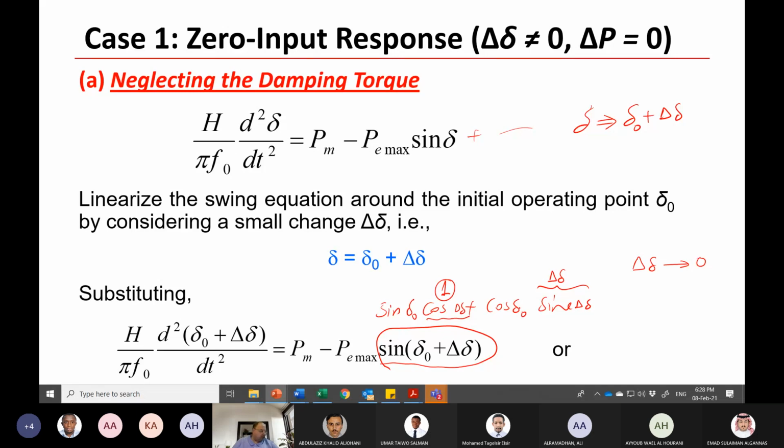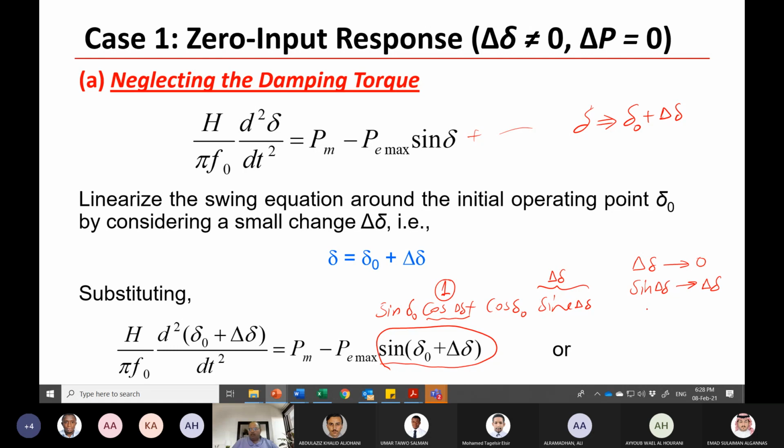It's not 0, but delta delta. Sine delta delta becomes equal to delta delta. If delta delta approaches 0, sine delta delta approaches delta delta. Yes.